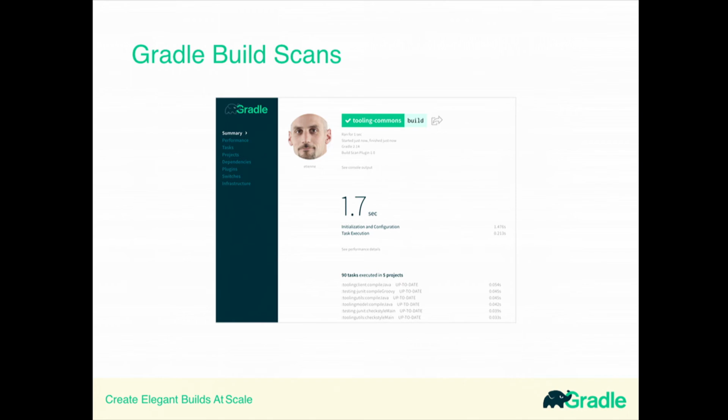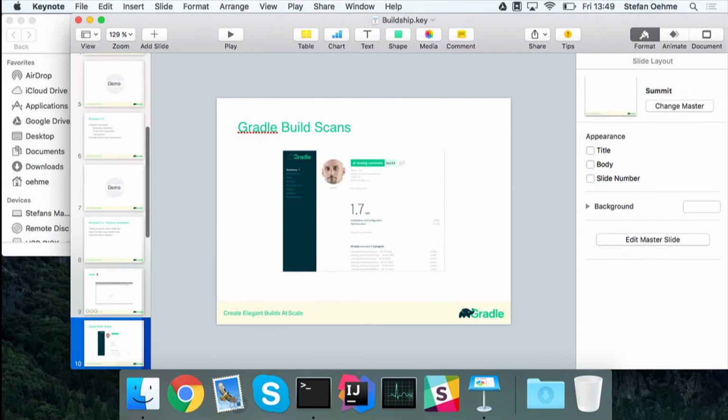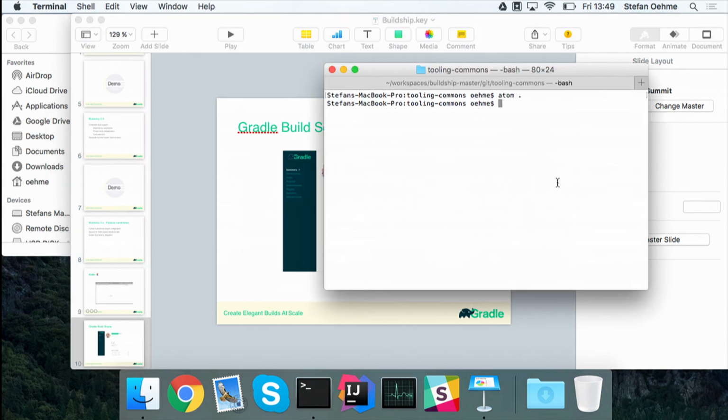So let me continue. With the Gradle build scans, I'm not sure if you have seen it in the keynote, we can capture data about your build and present it, visualize it, and you can discover things about your build, explore, and optimize. Right. So let me just show it to you briefly.